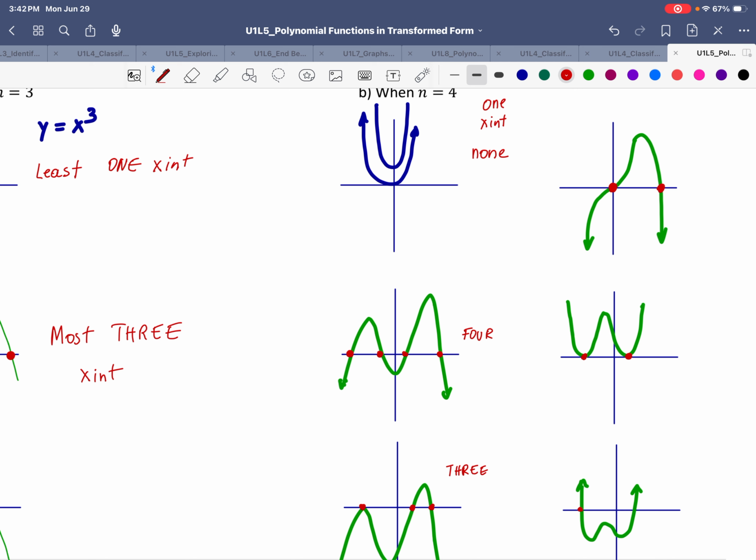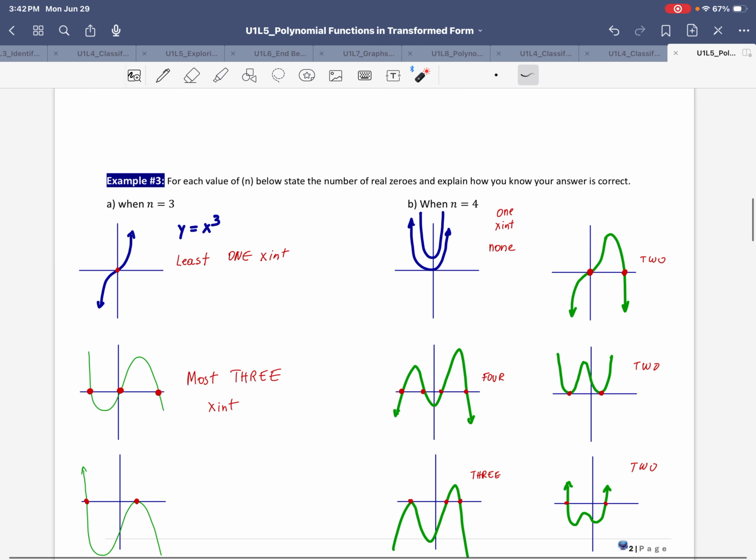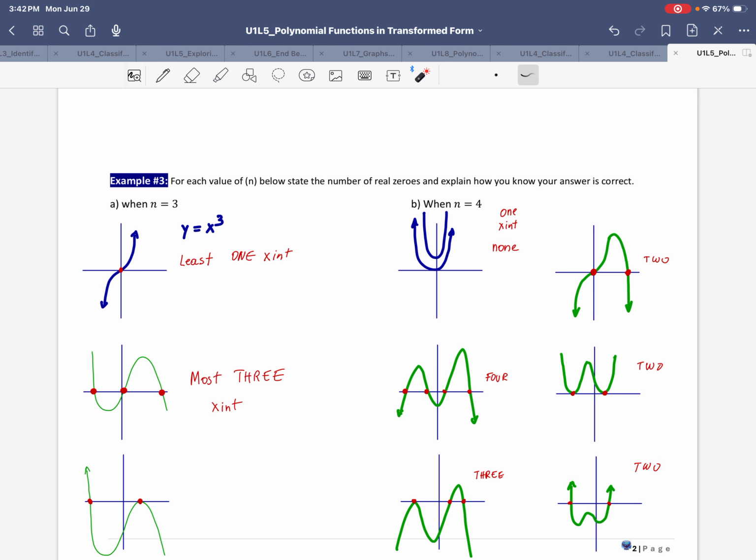But what I am noticing so far is that the graph can have no x-intercepts. It can have 1. It can have 2 x-intercepts. It can have 3 x-intercepts. Or it can have 4 x-intercepts. So we're going to say that the least number of x-intercepts for degree 4 polynomial functions will be none.